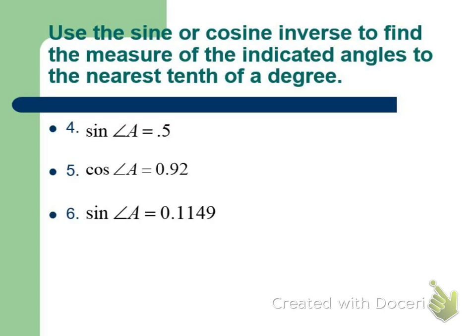Inverse. So you can use the cheat sheet, or you can say that A is going to be equal to inverse sine of 0.5. This is also going to be better for you if that trig value is not on your sheet, like it's something close, but it's not exactly the same. So for the inverse sine of 0.5, what do we get? 30 degrees. That one would be on your trig ratio sheet.